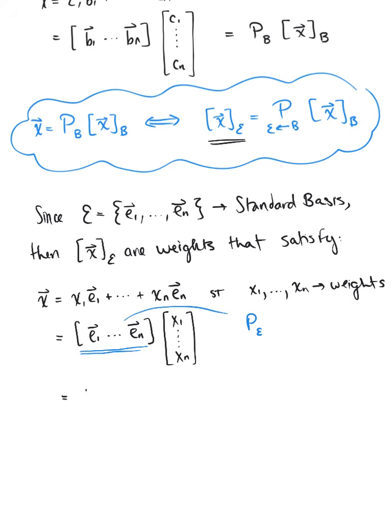So this is the identity matrix in Rn multiplied by the coordinates of vector x relative to basis E, that standard basis, which by definition, or by properties of matrix and vector multiplication, simply leaves us with the coordinates of vector x relative to the standard basis, which is equal to vector x.